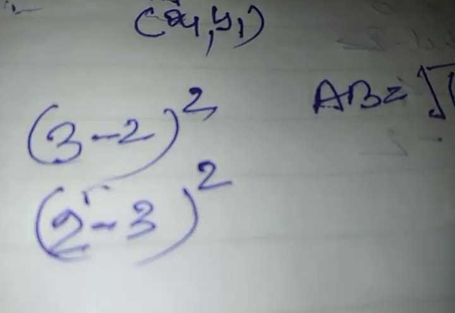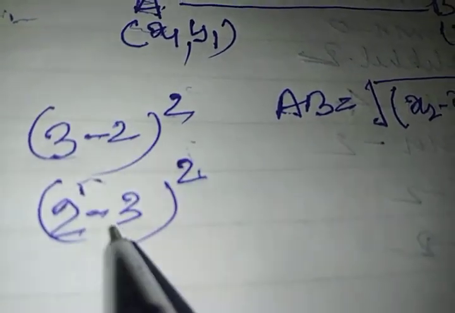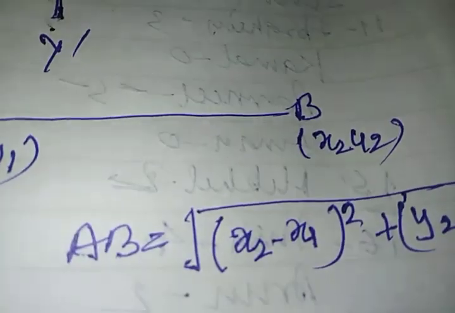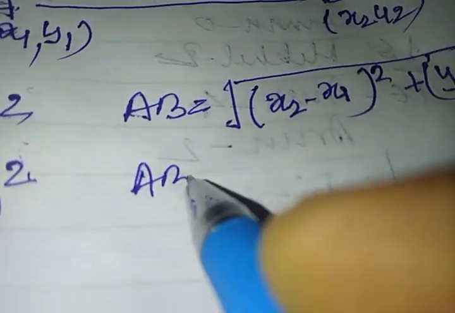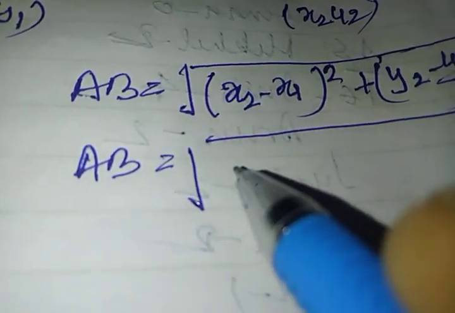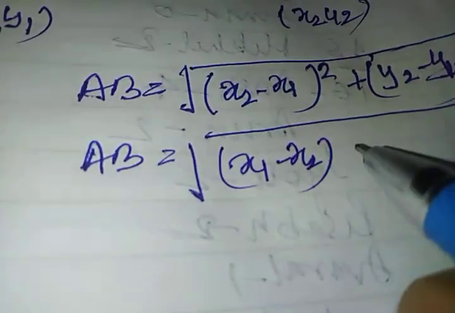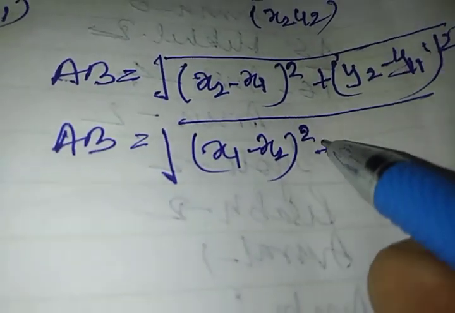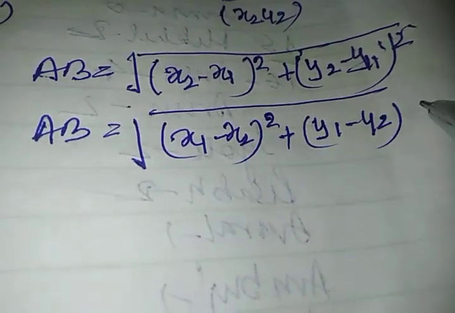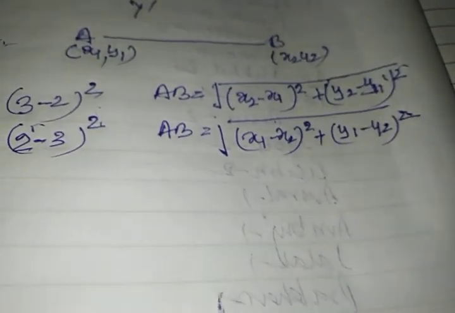Both will give one answer because the square is there, so this will always be positive. Similarly, we can also write AB equal to the square root of (x1 minus x2) whole squared plus (y1 minus y2) whole squared. Anything you write will be proper.